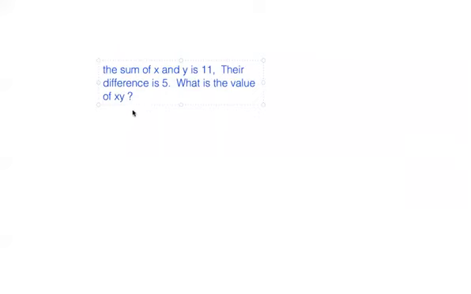Here's a problem that you can do a number of ways, or really 2 ways that I would suggest. And one would be by using algebra. When we use algebra, we're simply writing mathematical sentences for these statements. The sum of x and y is 11, so that's x plus y equals 11.